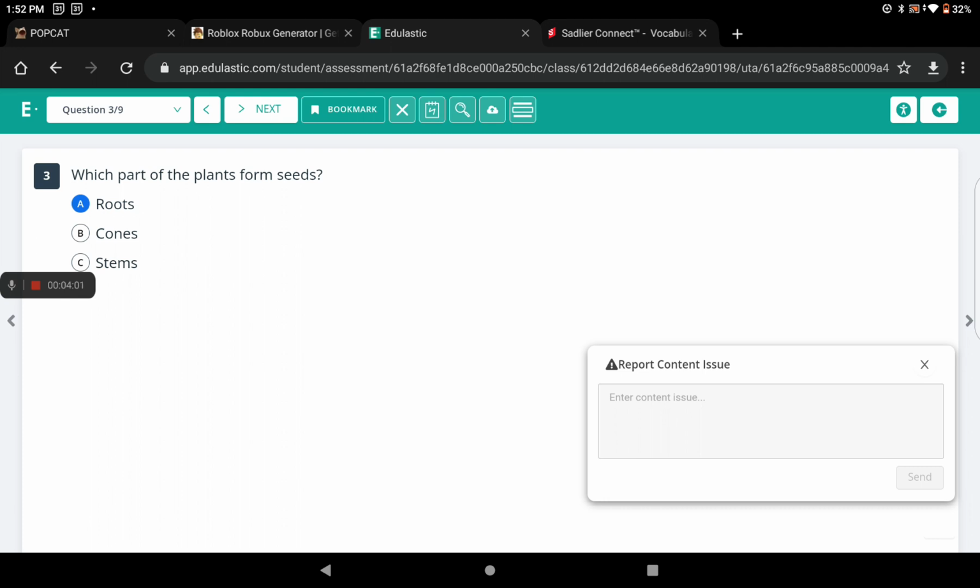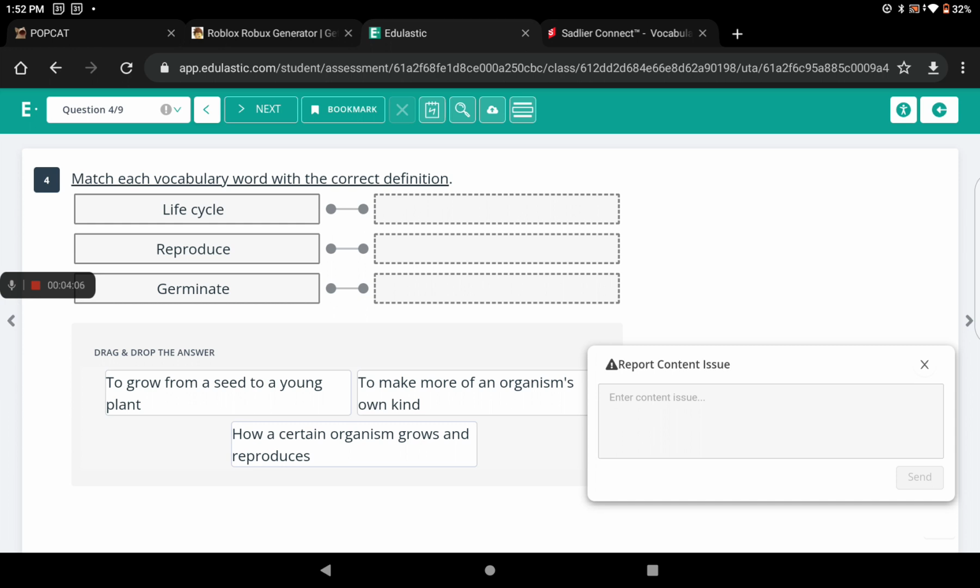Okay, we go now for number 4. We have to match each vocabulary word with the correct definition. Now, I'm going to first read the word and then the definition. We're going to have to find the definition for life cycle, reproduce, and germinate.